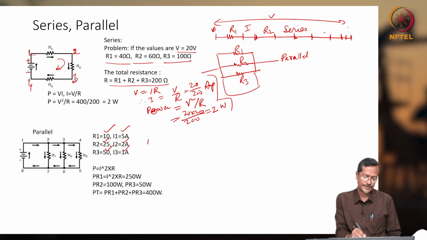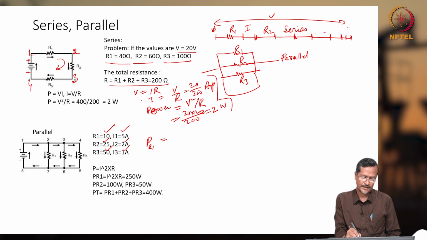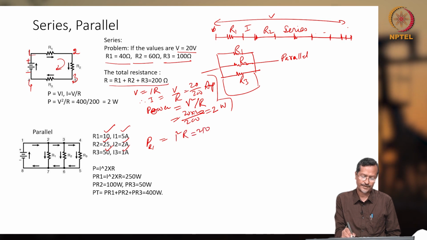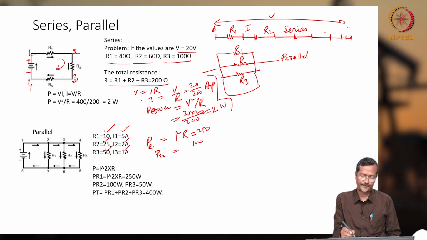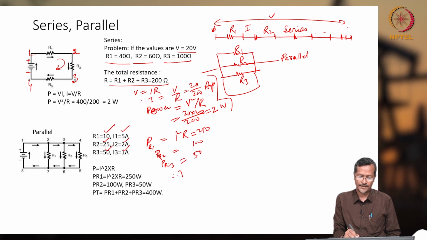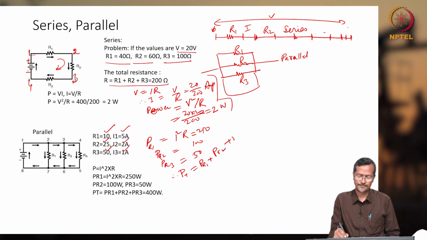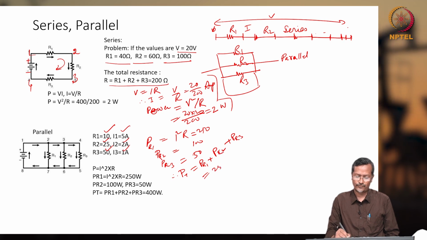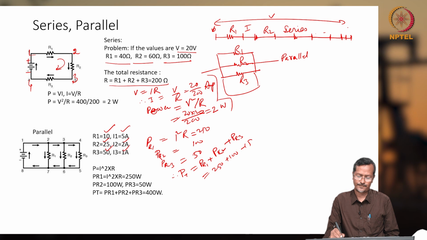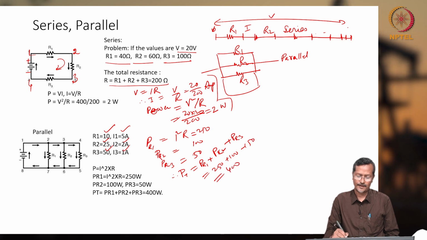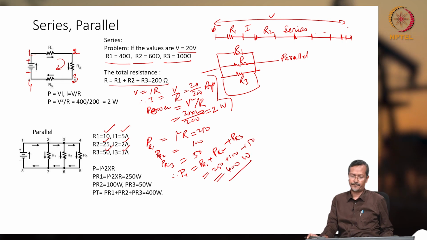So P of resistance 1 equals I square R, 250, P of R2 equals 100, P of R3 equals 50. So total P equals P R1 plus P R2 plus P R3, equals 250 plus 100 plus 50, equals 400. Okay, very simple formula.